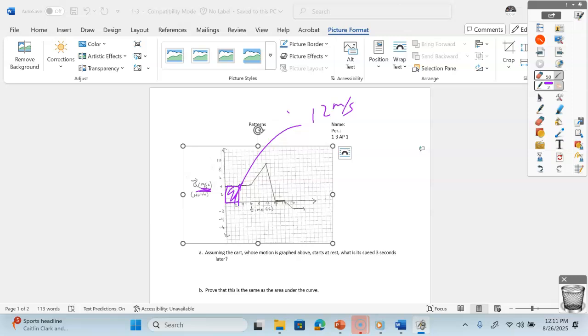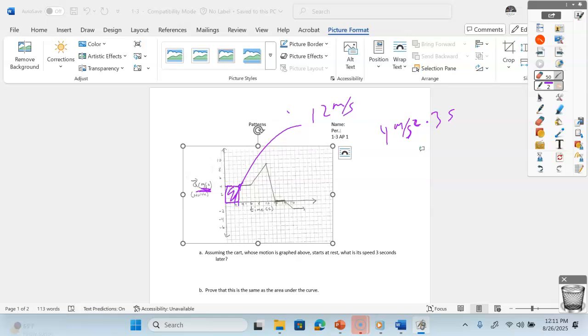Okay, so far so good. Next question is prove that this is the same area as the curve. Prove it's the area of the curve. What would you do? You would do 4 meters per second squared times 3 seconds.